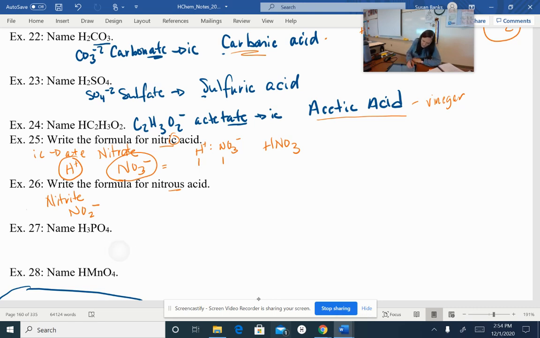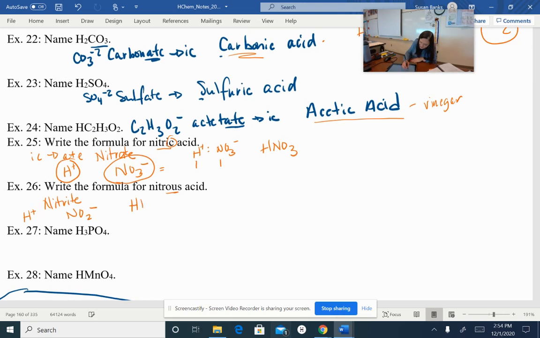Once again, I've got hydrogen acting as a +1, and a +1 plus a -1 will equal 0, so I need one of each. So nitrous acid is HNO2. And notice not 3, HNO2. Silly me. Notice with these polyatomics, I do not need to put the aqueous sign there like I do with the binary acids, because with the polyatomics, these are acids regardless of whether they're dissolved in water or not.